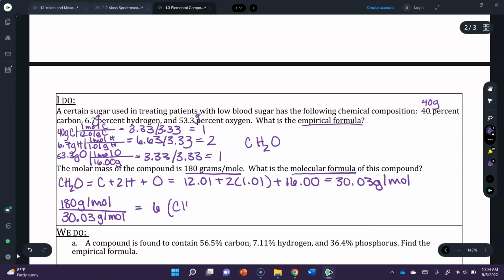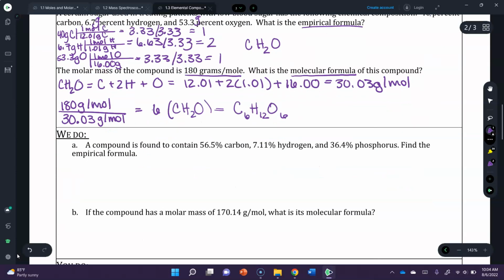So CH2O, multiply it to the subscripts. So that should be C6H12O6. And that is my molecular formula based off of the ratio between the molar masses of the molecular formula and the empirical formula.